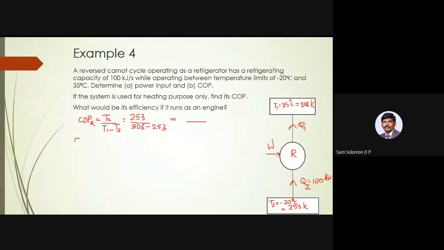Once you do that, you have to use the next formula for the COP of the refrigerator, which is nothing but the heat removal divided by the work input, Q2 divided by W. When you use this, you will get the value of W, which is nothing but Q2 divided by the COP of the refrigerator.